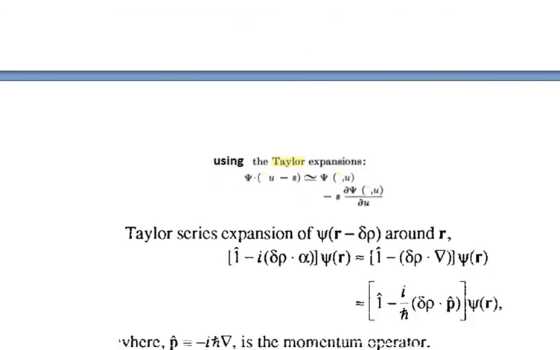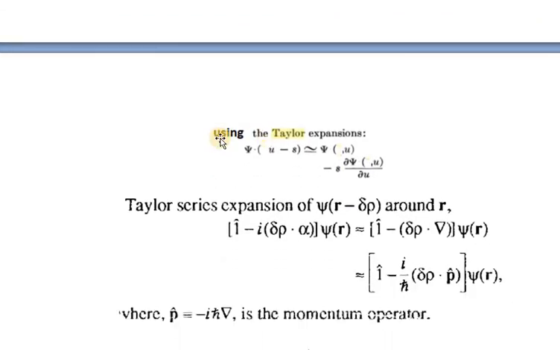Using the Taylor expansion, we can write psi of u minus s approximately equal to psi of u minus s times dou psi by dou u. Then we neglect the higher terms. Then psi of r minus delta rho, we use the Taylor expansion.